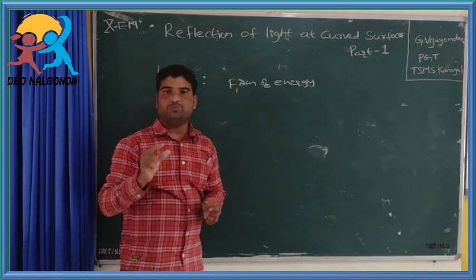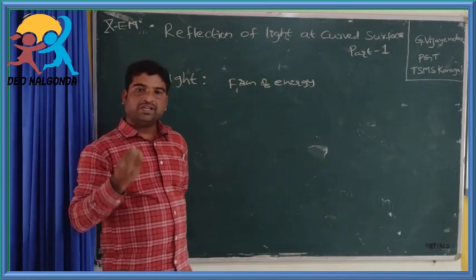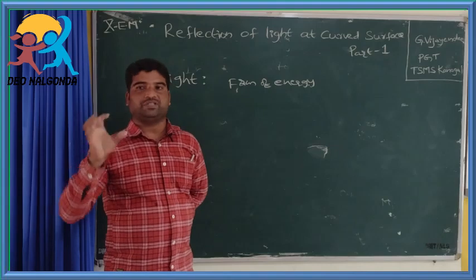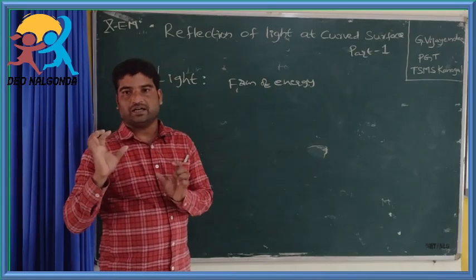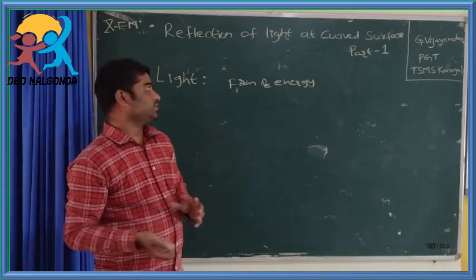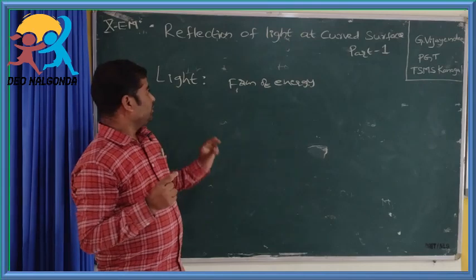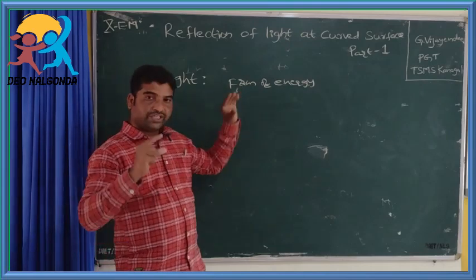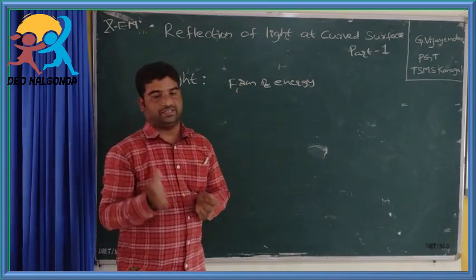Sight means we are able to see. Here light is making us see the object clearly. Without light we cannot see the objects or anything. So light is a form of energy which is creating the sensation of sight.